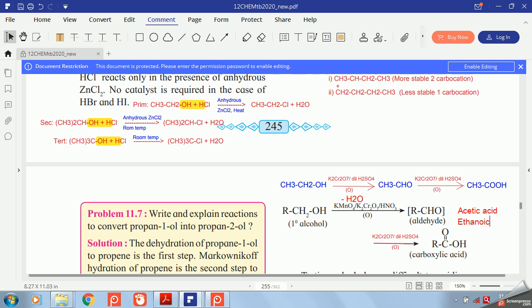So your compound is ethanoic acid. According to the common name, acetic acid is the name, and according to IUPAC, ethanoic acid is the name.